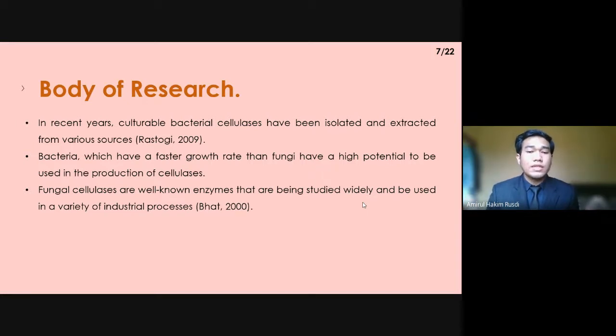Fungal cellulases, however, are well-known enzymes that are being studied widely and used in a variety of industrial processes. A lot of research on cellulases has been dedicated to fungi since they generate a full set of extracellular cellulases rapidly and in significant numbers.